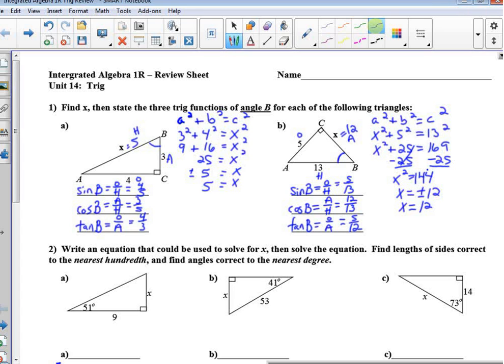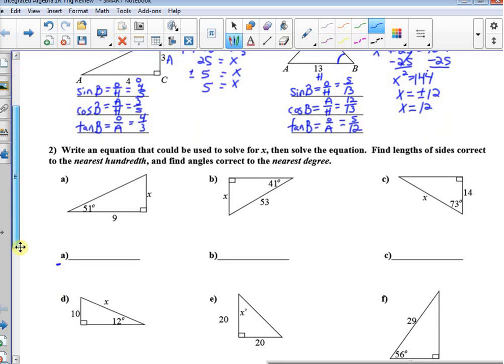Okay. We'll do a couple from below. Write an equation that could be used to solve for x, then solve the equation, and it tells us what to round them to. So I should be looking at the angle first, 51 degrees, and I should then say, okay, the x is what? Is it an opposite or an adjacent or a hypotenuse? It's an opposite. And the 9 is what?